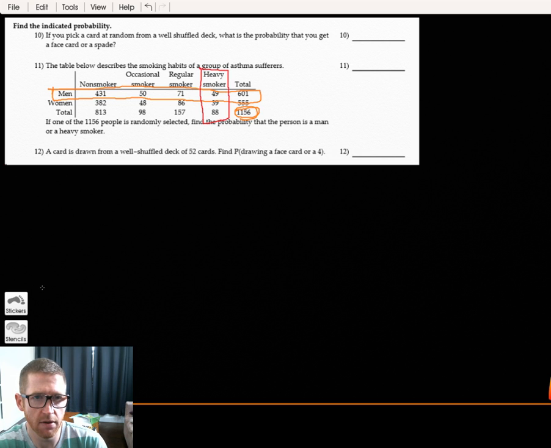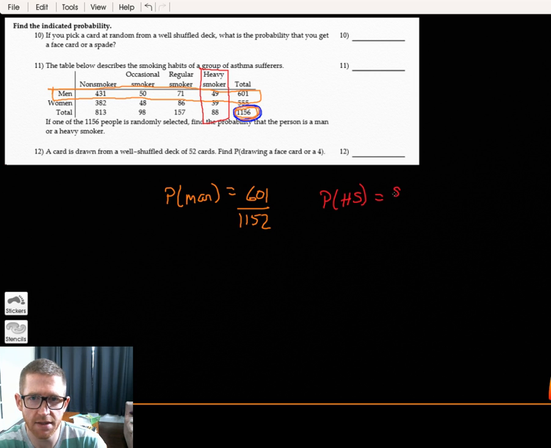You might think, out of the 1,156 total, what's the probability that you would randomly select a man? That's 601 out of 1,156. And the probability of getting a heavy smoker? That's 88 out of 1,156.